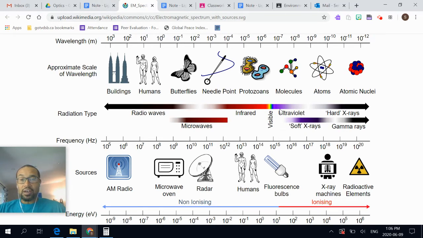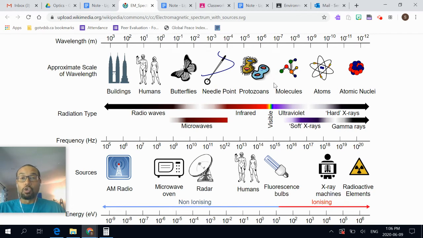And if we look at UV, it's a much smaller number for the wavelength, 10 to the negative 7, right? That to the power of negative means there's that many zeros before you get to the number. So we have UV in the range of 10 to the negative, almost 9, ranging up to 10 to the negative, just a little bit past 10 to the negative 7.